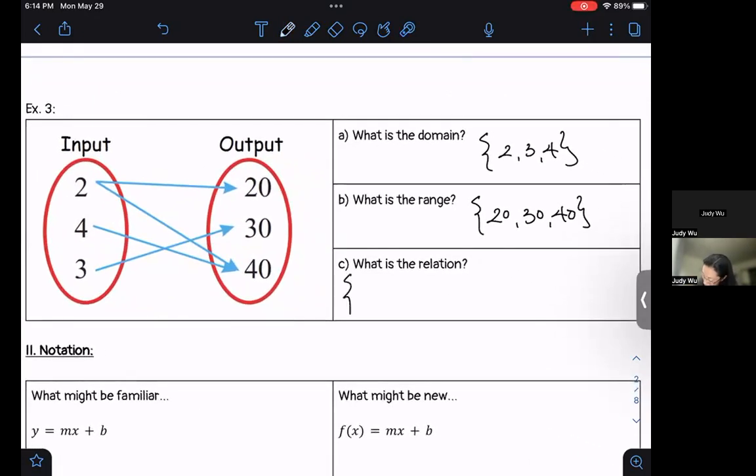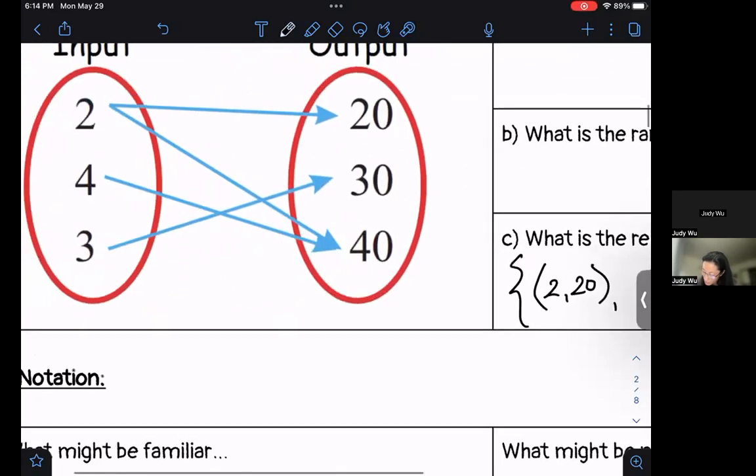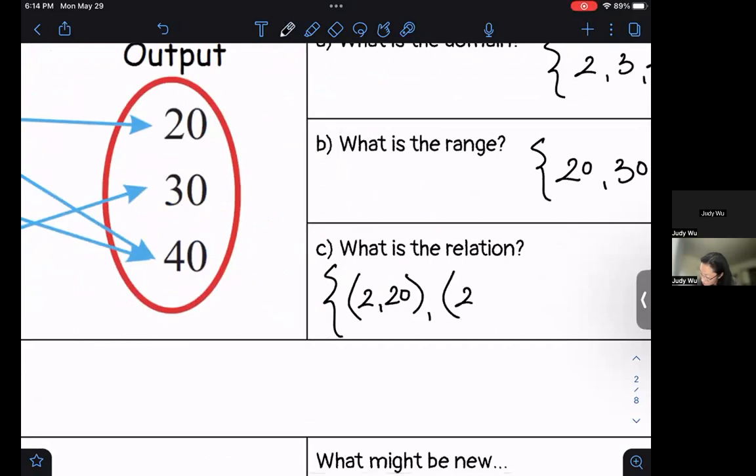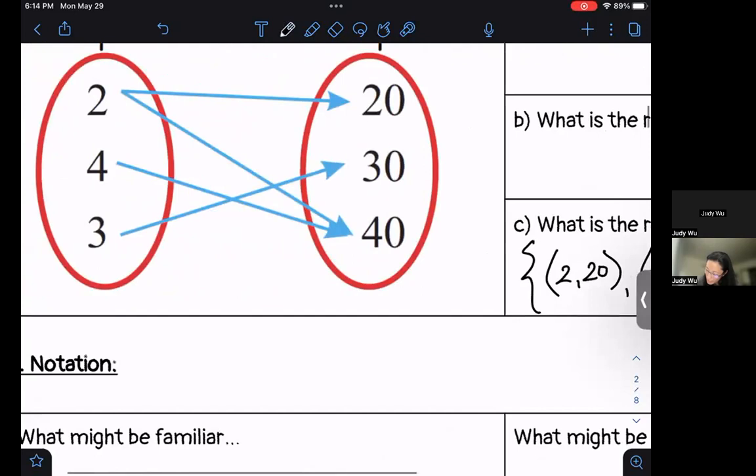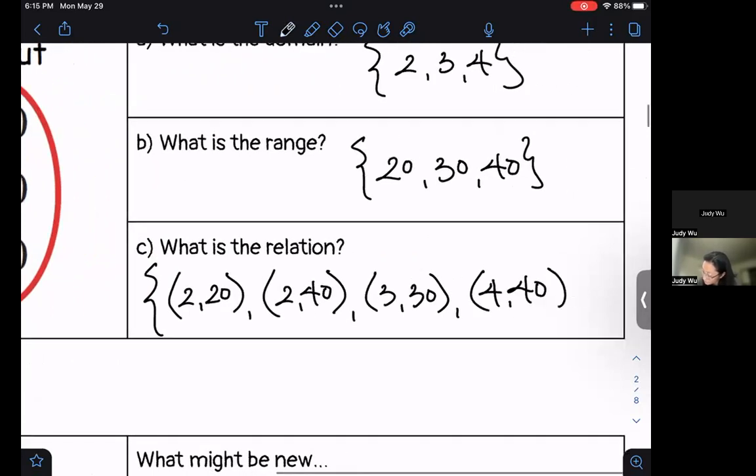Let's write these out. We said (2, 20), but also (2, 40). And then (3, 30) and (4, 40).